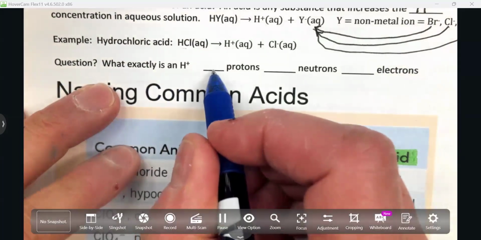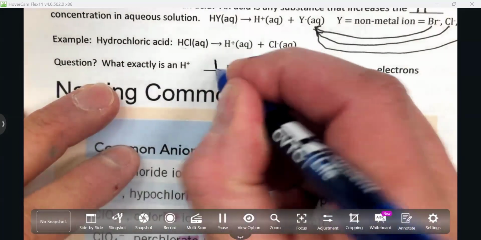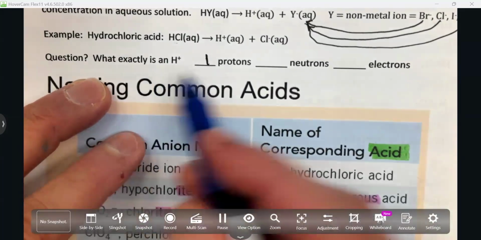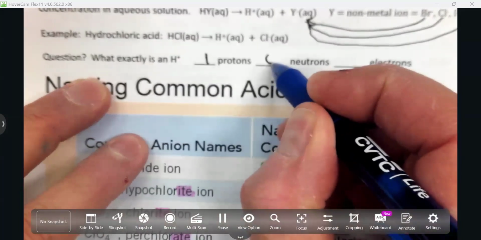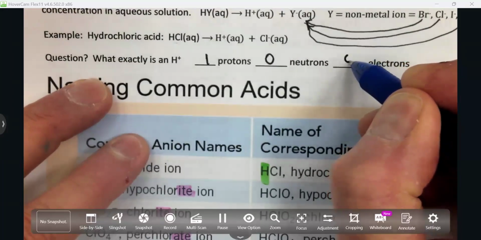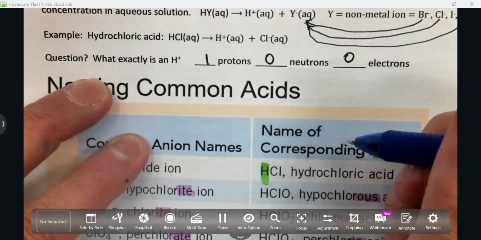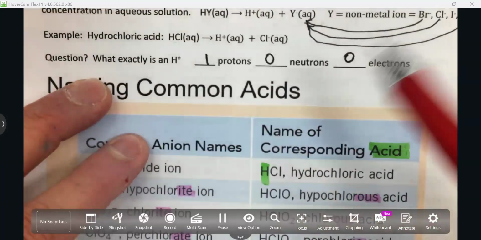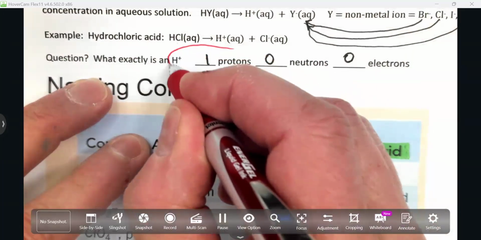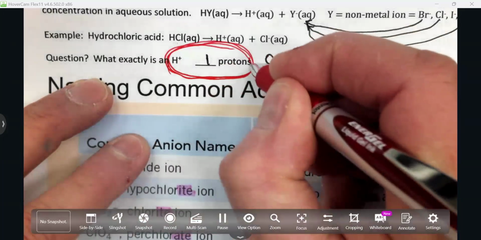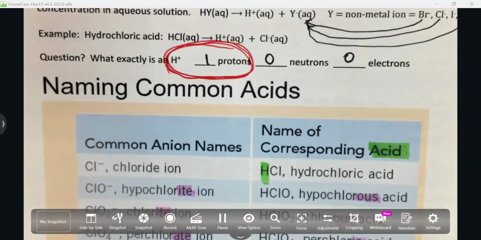How many protons? 1, right? If you have the symbol hydrogen there, you got to have 1 proton. That is the definition. How many neutrons? 0. How many electrons? Big fat goose egg. So what do you have? What is H plus? When you see the symbol for H plus, it's just a proton. That's all it is. It's a proton.